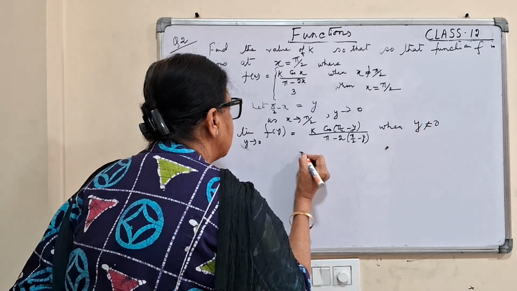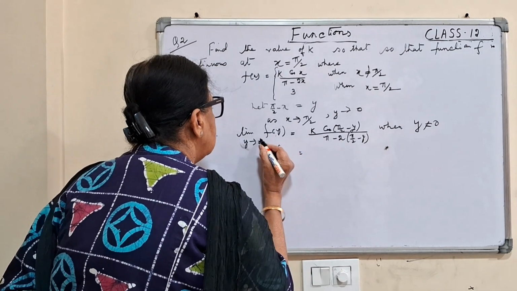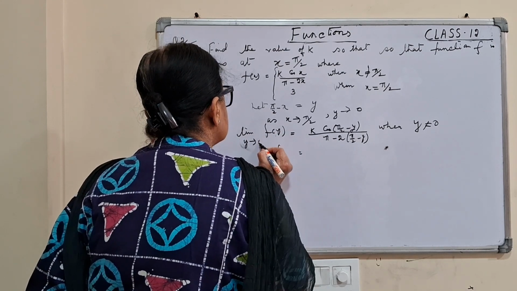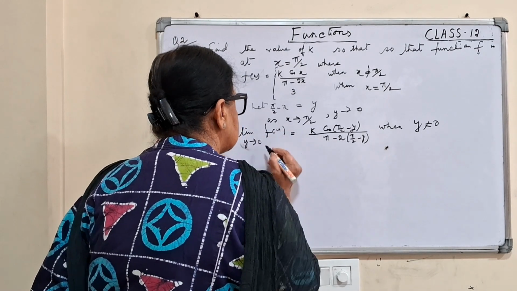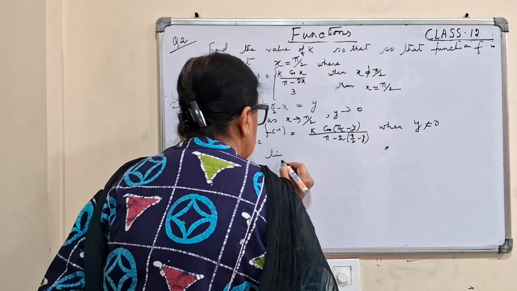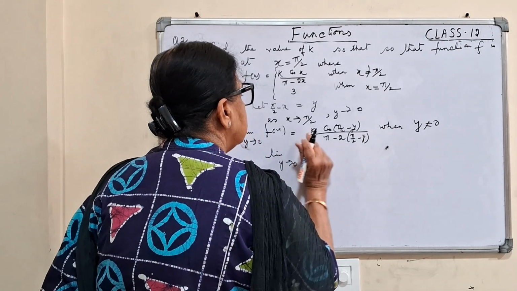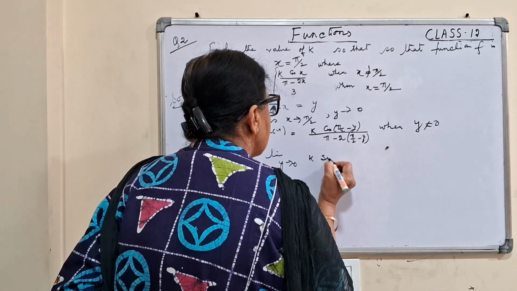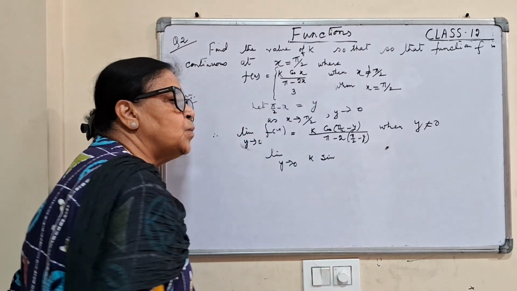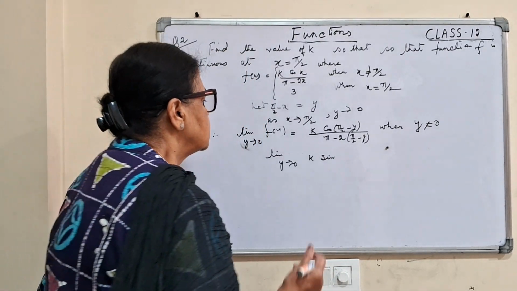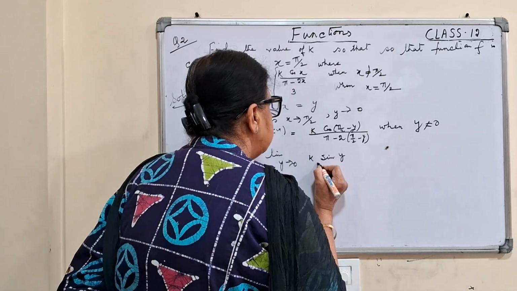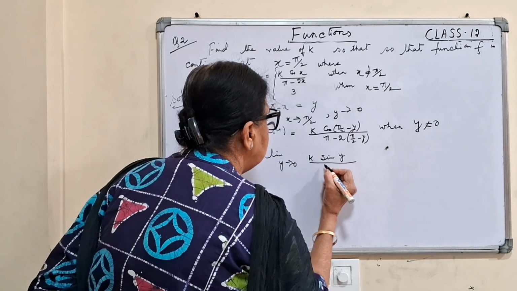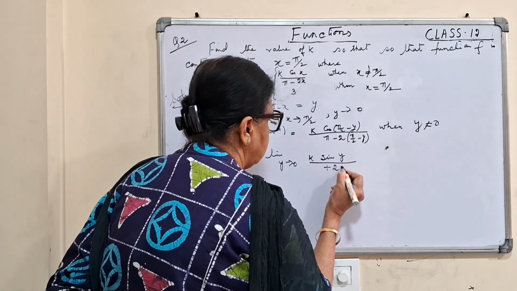Implies the limit as y tends to 0 of f(y) is k sin y, because cos of pi by 2 minus y is sin y, divided by pi minus pi plus 2y.